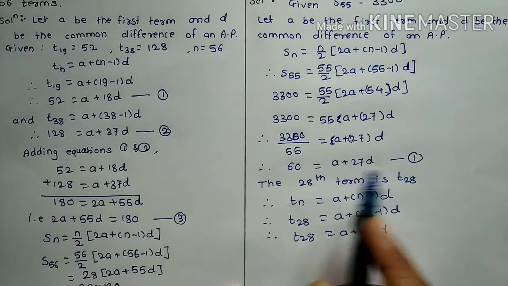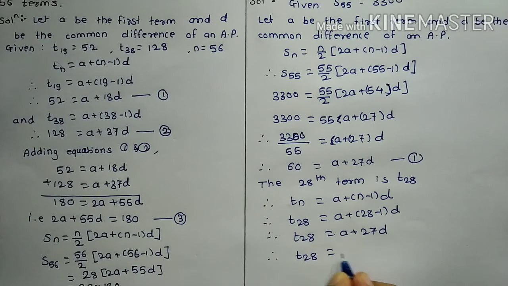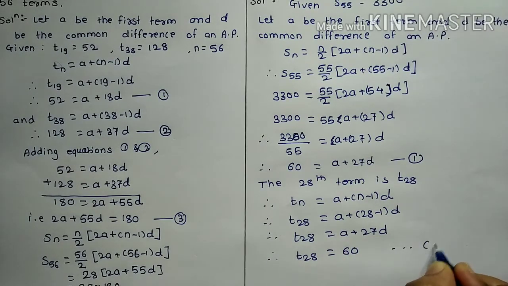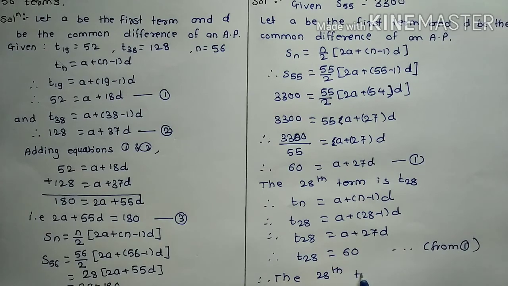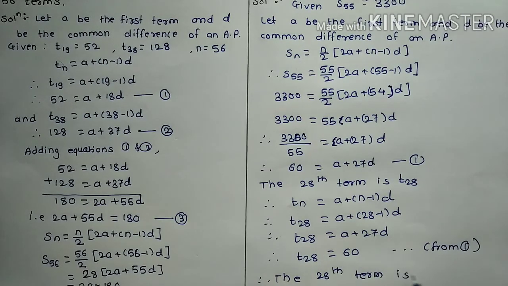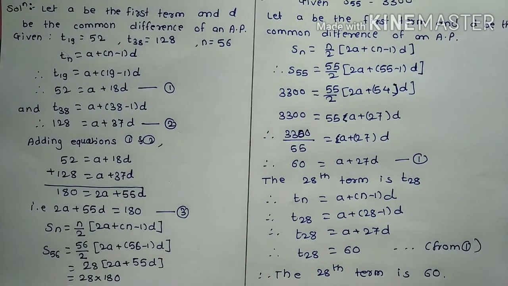See expression 1. Now substituting the value of A plus 27D, that is 60, from 1. Therefore the 28th term is 60. Write down the answer: the 28th term is 60. In this way you can solve the remaining examples in practice set 3.3.